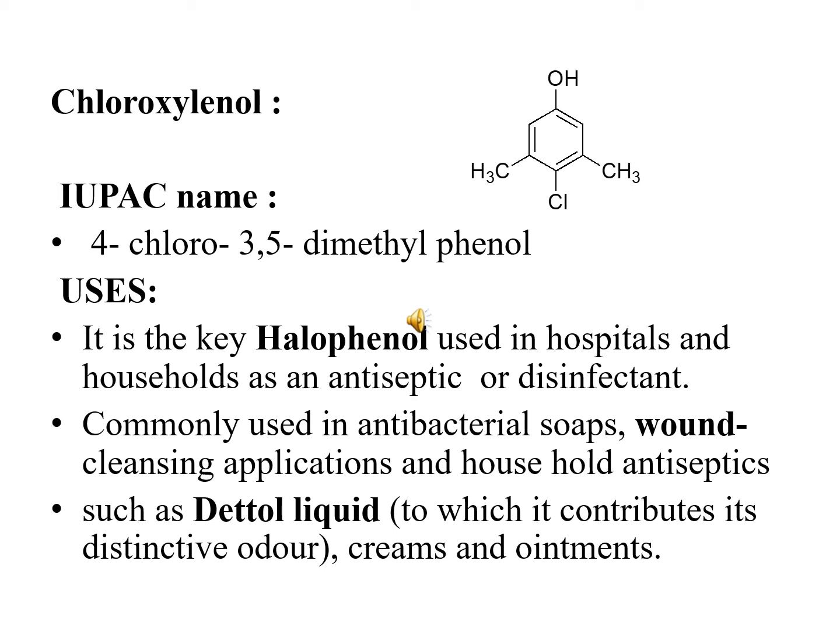What are the uses? It is a halophenol. The word halo comes from halogen, like chlorine or bromine, meaning it contains some halogen. In this, the halogen is chlorine, plus phenol. It is used in hospitals and households as an antiseptic and disinfectant, and also in antibacterial soap. Some soaps in the market possess antibacterial activity, and there are wound cleansing applications and household antiseptics which contain chloroxylenol.